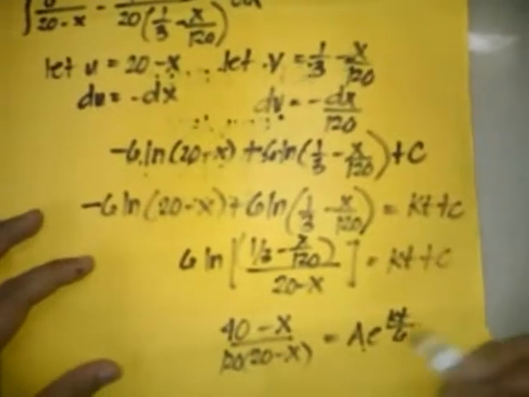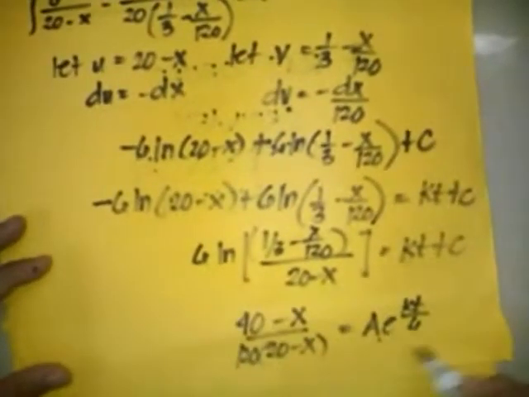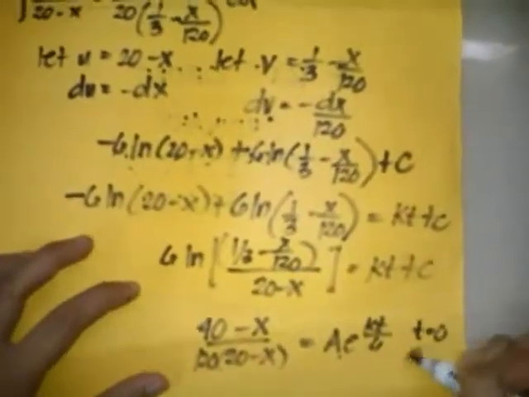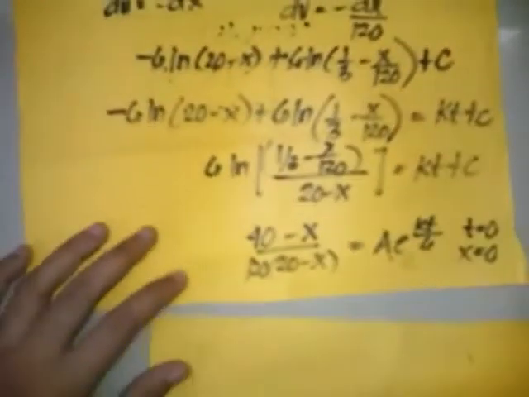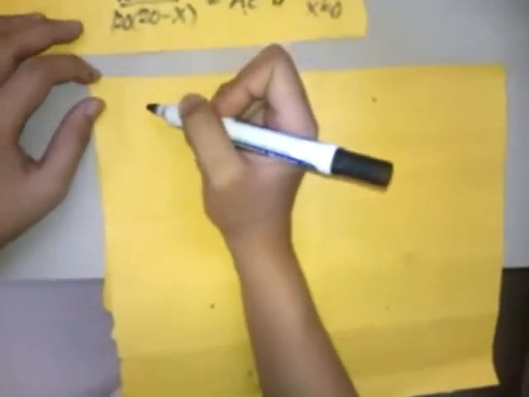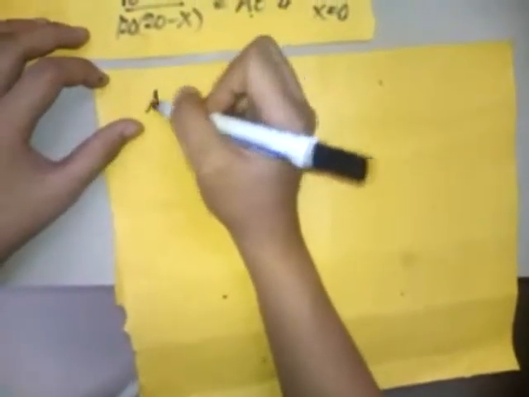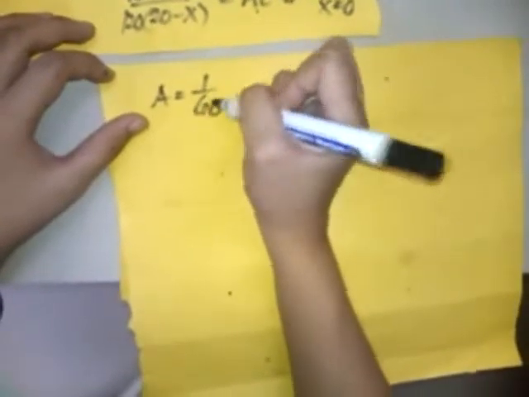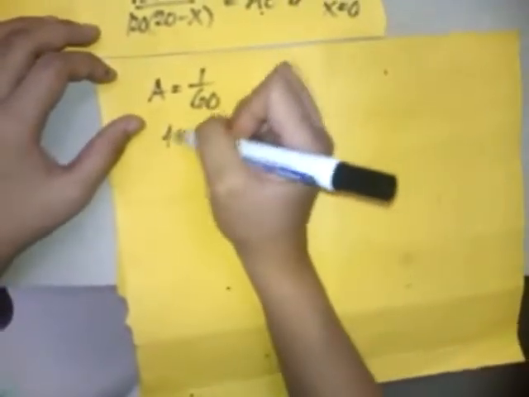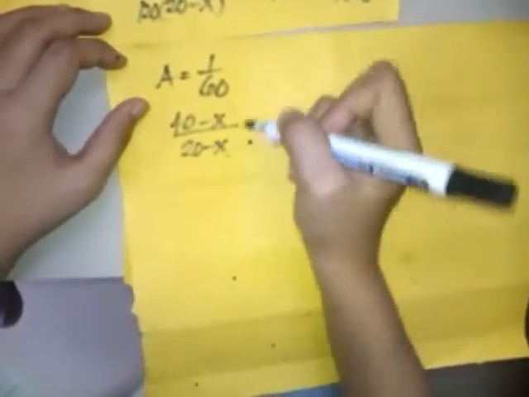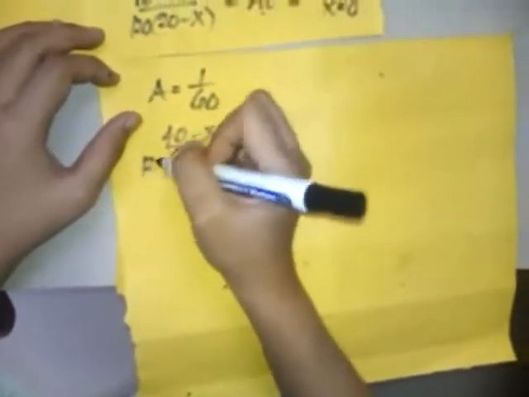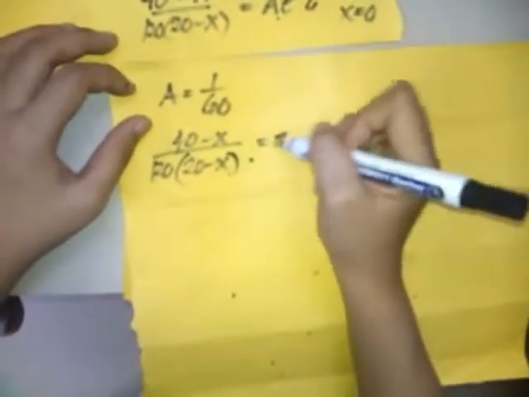When t is equal to 0, x is equal to 0, since there is no dissolved solute initially. Then A is equal to 1 over 60, and (40 minus x) over (20 minus x) times 120 equals e to the power of dt over 60.